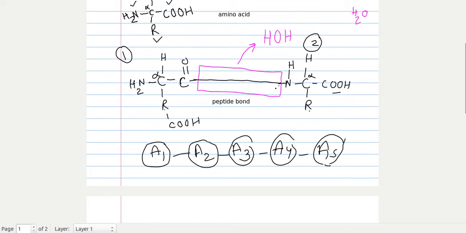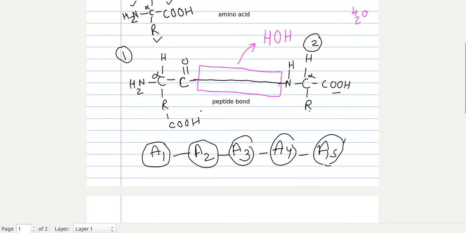But this occurs to a lesser extent in proteins. Dipeptide, tripeptide can occur of this length, but it is not common in proteins.